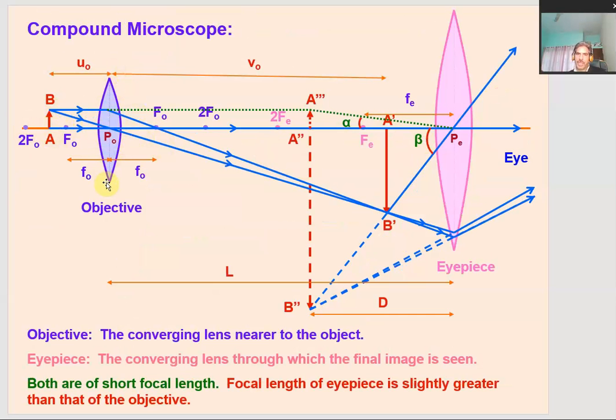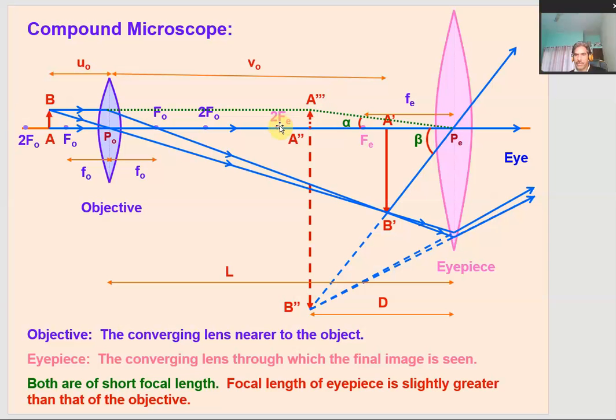In the actual situation, this object lies slightly beyond the focus, or we can say slightly away from the focus. When the object lies beyond the focus but within the center of curvature of a convex lens, we already know that its image is formed beyond the center of curvature of this lens. So its image is formed at this point beyond 2 f naught.